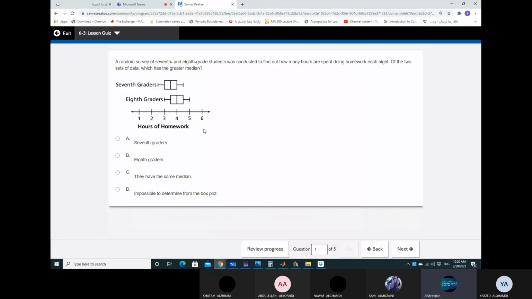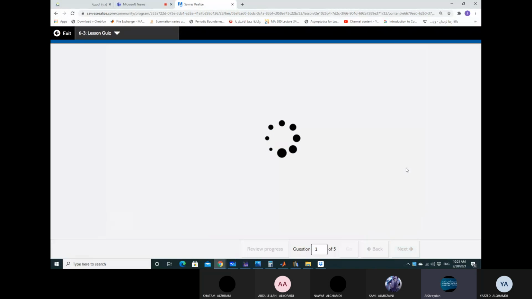Of the two sets of data, which has the greater median? As you can see here, as I told you, the line in the middle of the box represents the median. So the median for the eighth graders is greater than the median of the seventh graders. For eighth graders it's about 4, and for seventh graders, the median is about 3.5. So we can see this is the correct answer.